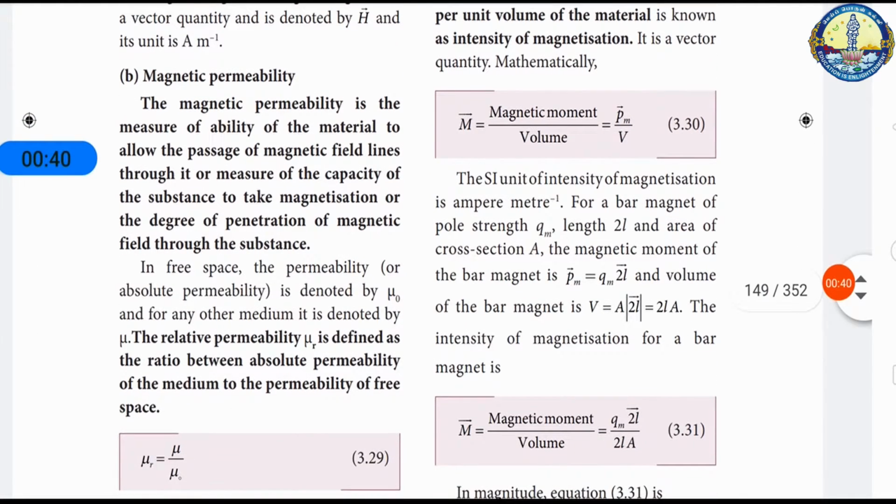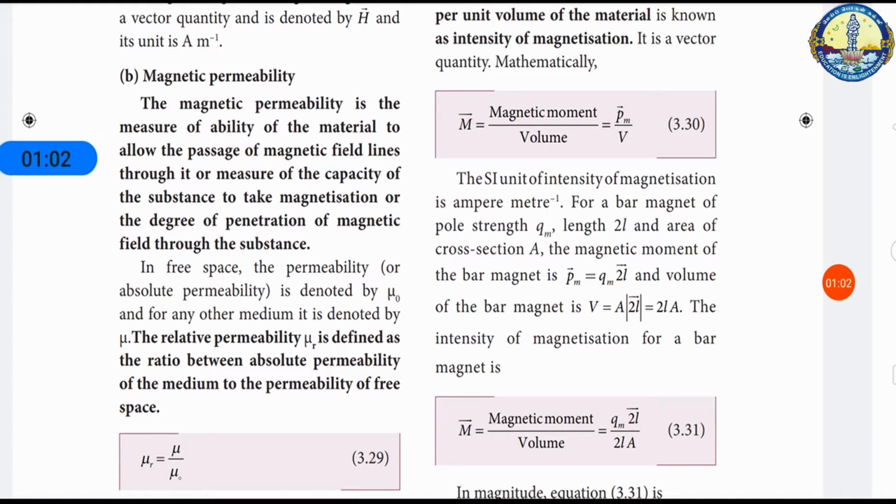Next one is magnetic permeability. The magnetic permeability is the measure of the ability of the material to allow the passage of magnetic field lines through it, or the capacity of the substance to take magnetization, or the degree of penetration of the magnetic field through the substance.